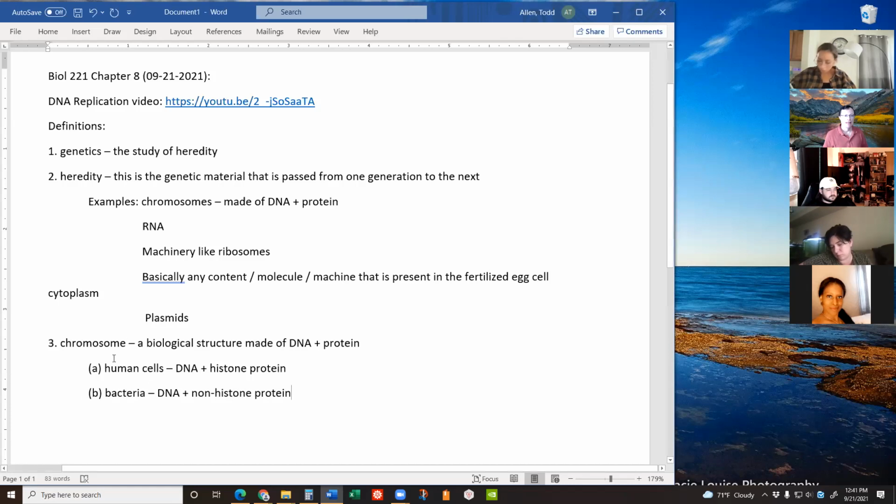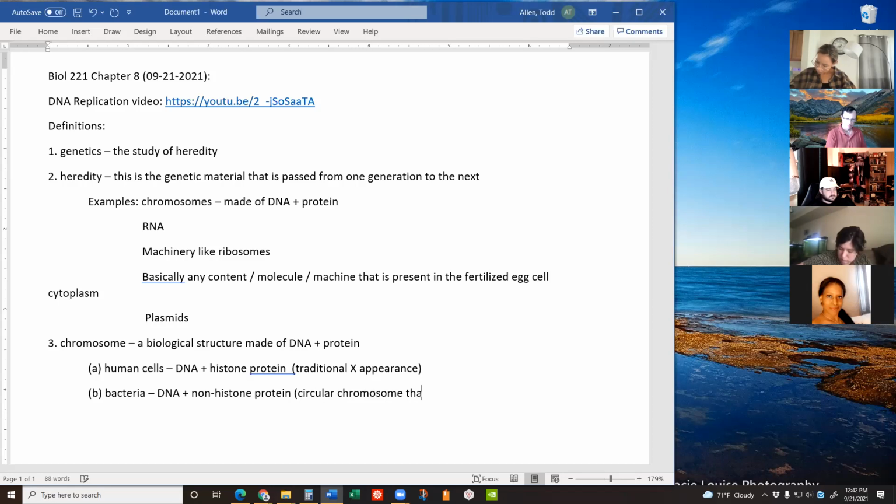Okay, so human cells are going to have a chromosome that has a traditional X appearance to it. And bacteria is going to have a chromosome that has a folded up or wrapped circular chromosome appearance.